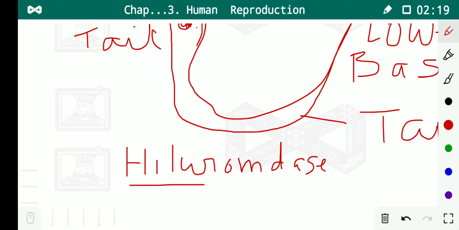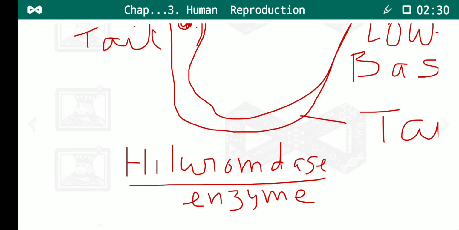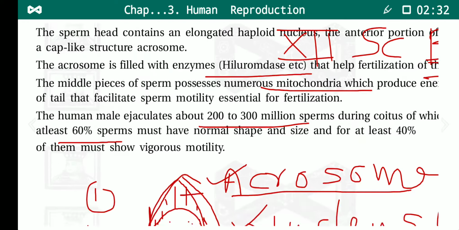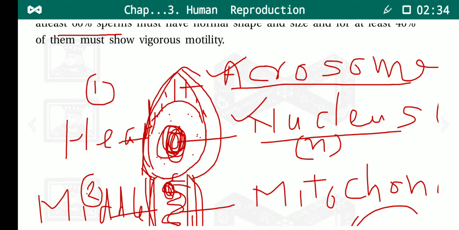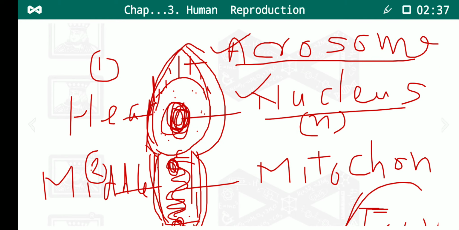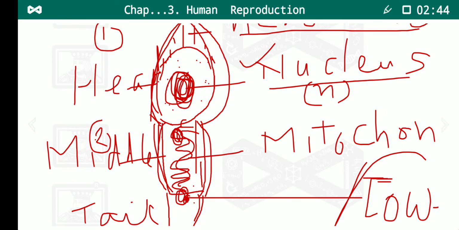It is an enzyme, not a hormone. It is secreted by the acrosome, and this enzyme helps to dissolve the egg membrane and helps in the entry of the sperm into the ovum. This nucleus is haploid and it has been produced as a result of meiosis division.